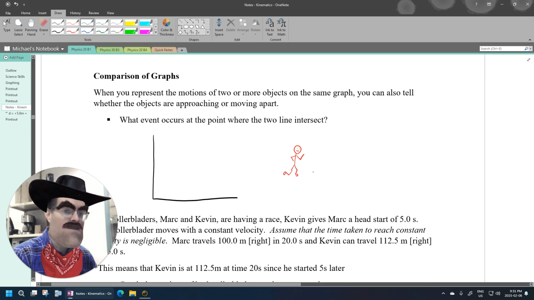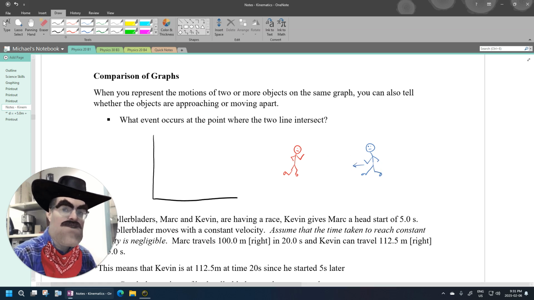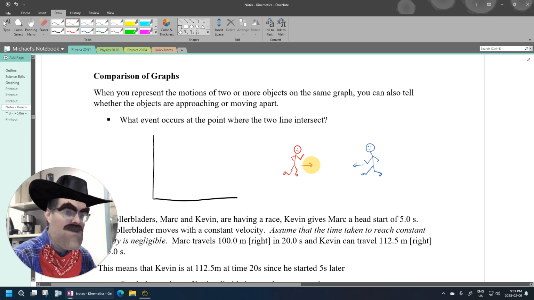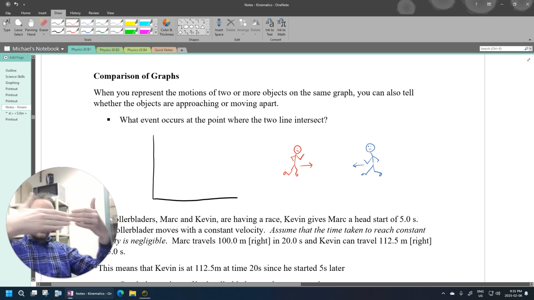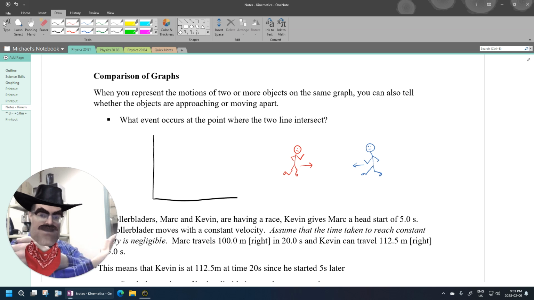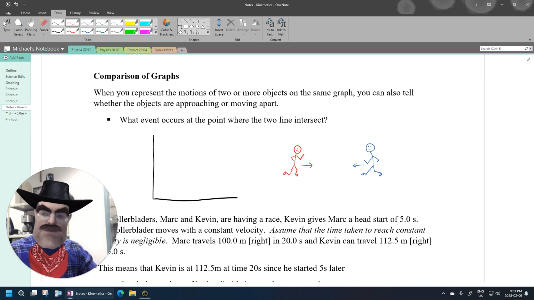And then I have another person running along the same line, but this person is running towards the other person. They're going to run towards each other along the same line, and they're either going to collide with each other or pass straight on past each other, and off they go.